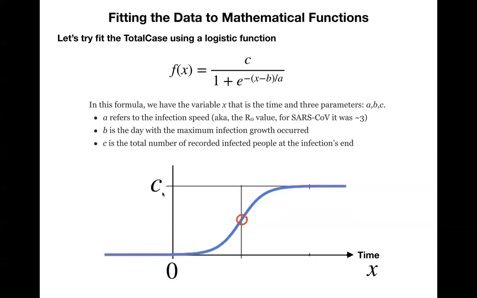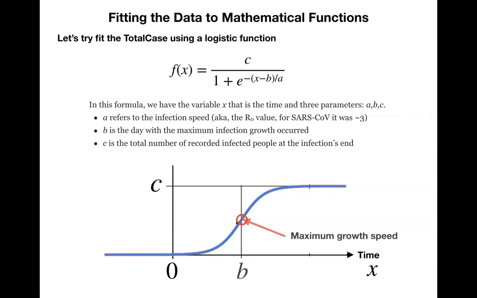And the c value right here is straightforward, because you can see that if x goes to infinity, e to the minus infinity is basically 0. So the curve asymptotically goes to c. So c is basically the upper limit of the logistic curve, and it's sometimes also called the capacity.